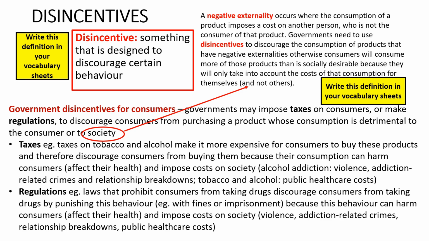Governments need to use disincentives to discourage consumers from purchasing and consuming these types of products, that is, products that have negative externalities, because otherwise consumers will consume more of those products than is socially desirable, as they will only take into account the costs of that consumption for themselves and not others. This is because, as we've seen, consumers are self-interested in that they act in their own interests to maximize their own satisfaction rather than the satisfaction of others.